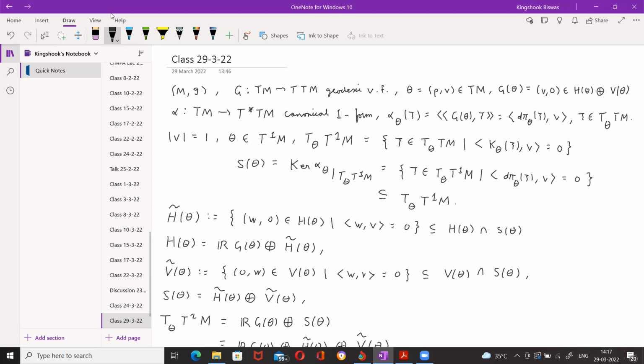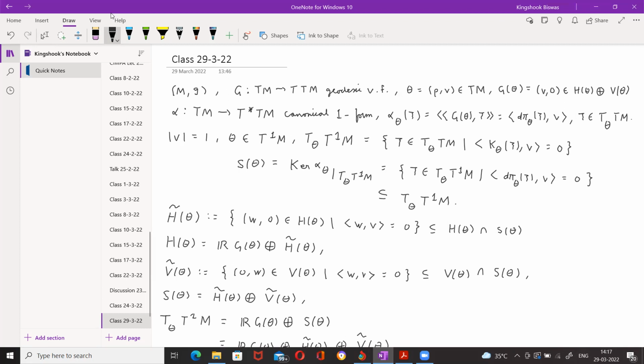And S theta you can see is equal to H tilde theta orthogonal direct sum V tilde theta. Is this clear? Yeah, because S theta would be what? It would be xi in T theta T1M such that D pi theta xi V is 0.